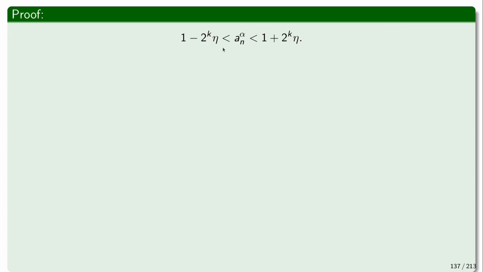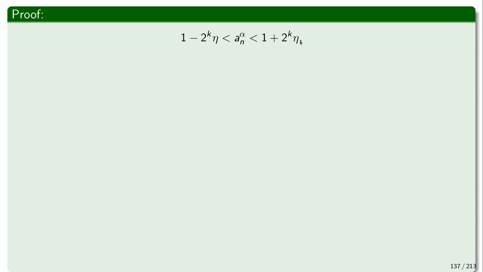And so we prove that a_n to the power of alpha is between 2 to the power of k times eta and 1 minus 2 to the power of k times eta, where k is any natural number that is greater than alpha, and eta is any real number that is greater than 0, right?